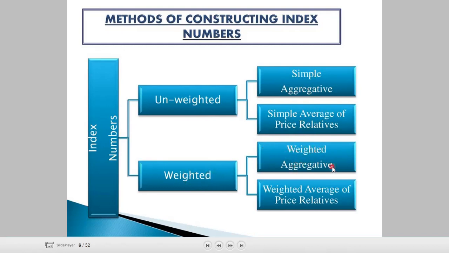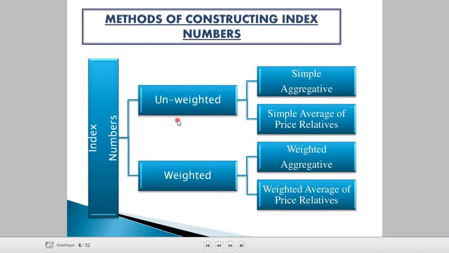Weighted aggregative method, that means taking the sum of all the prices of one period and then the sum of prices of another period. Next, in weighted average of price relative method, we will be calculating the relationship or product between the price of two different periods, and then we will be utilizing it for our index number.